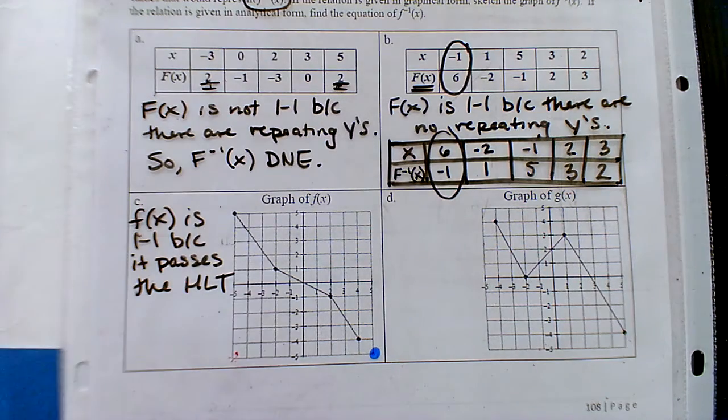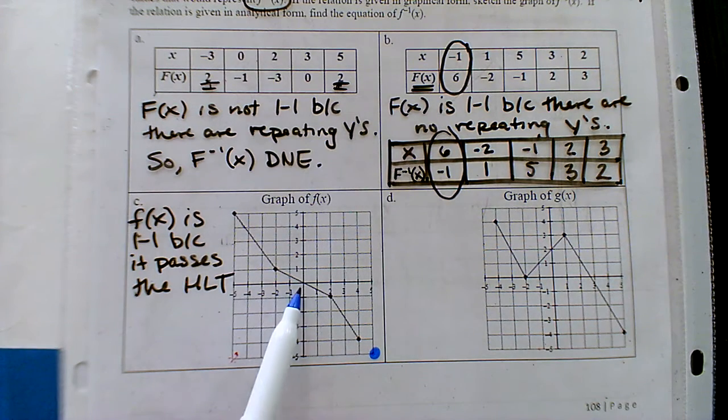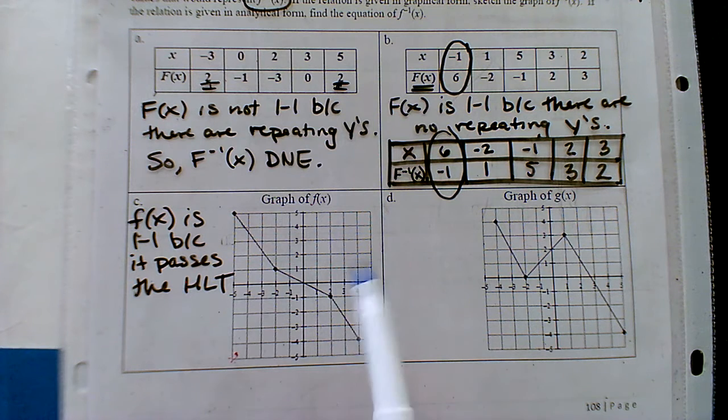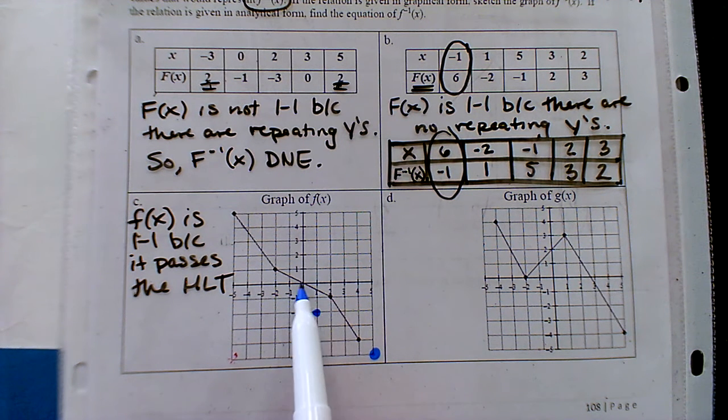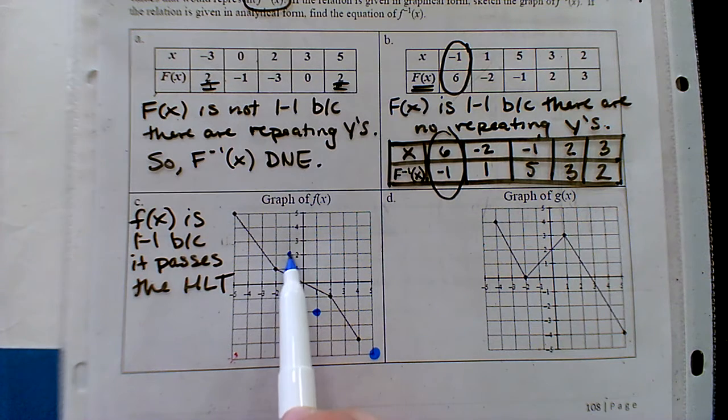Okay, we're going to continue through the other ordered pairs. So the next one is -2, 1. If you switch those, you get 1, -2. The next ordered pair, 2, -1, switch those. -1, 2.